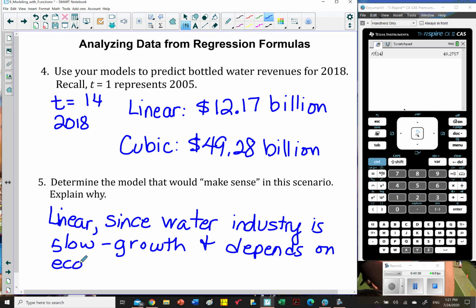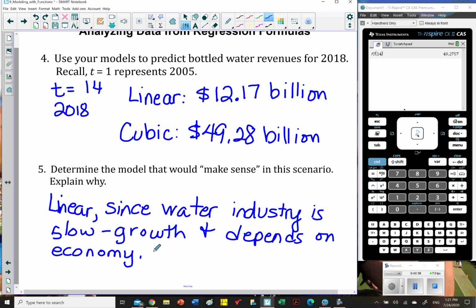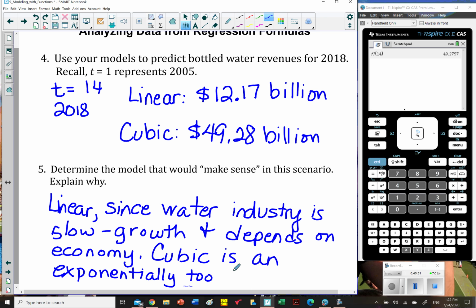If you have another opinion and you defend it, you might have a different outlook. To me, a cubic is exponentially too fast. I'm going to put fast in quotes.